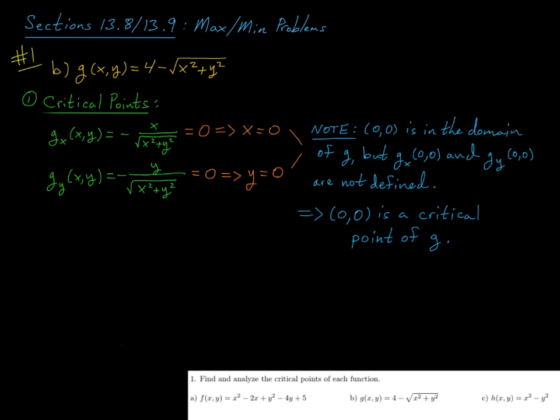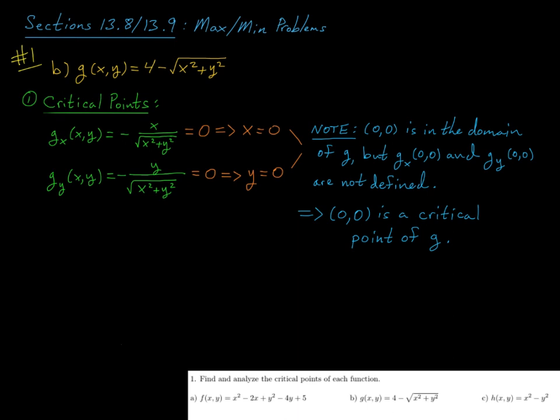However, if both x and y are 0, these partial derivatives are in fact not defined because I'd be dividing by 0, because of that square root of x squared plus y squared in the denominator of both of these expressions. So while (0, 0) is in the domain of our function g, these partial derivatives are not defined, and so (0, 0) is a critical point of g.